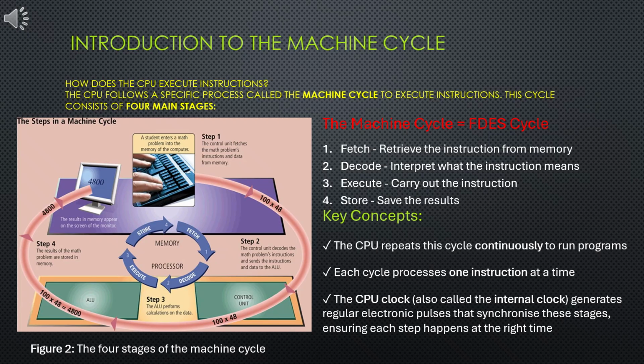Fetch. This is where the CPU goes to memory to retrieve the next instruction. Decode. The CPU interprets what that instruction means. It figures out what to do. Execute.